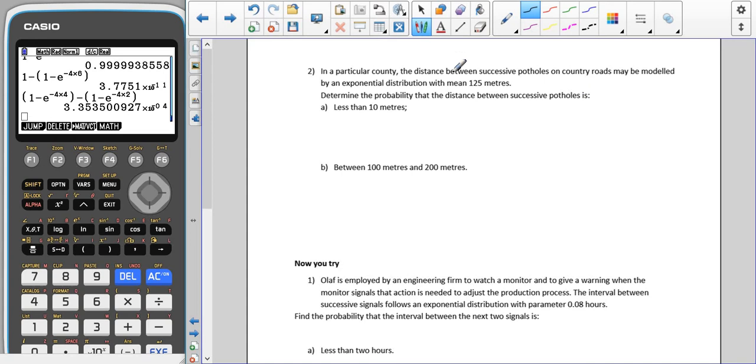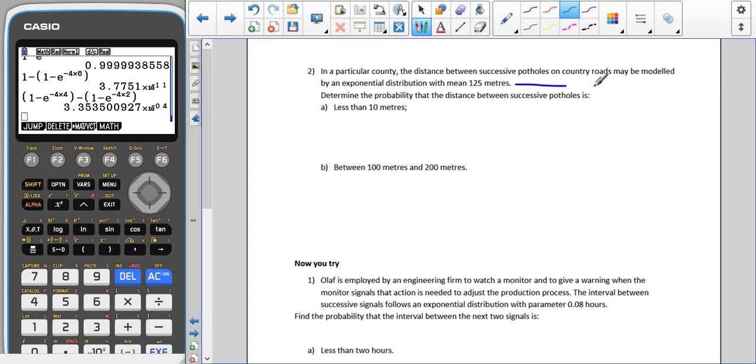Now we need to be careful here because we've been given the mean distance. So that isn't going to be our parameter. Sometimes it will give you the parameter, sometimes it will give you the mean. In this case, we have been given the mean and we have to find the parameter.